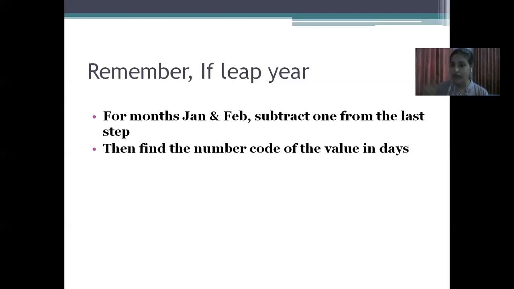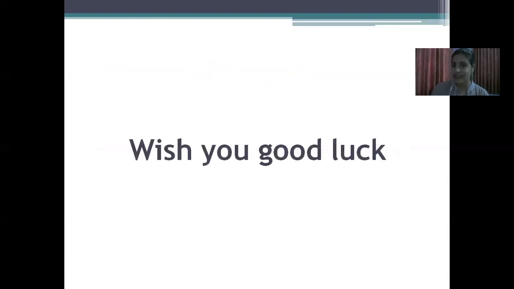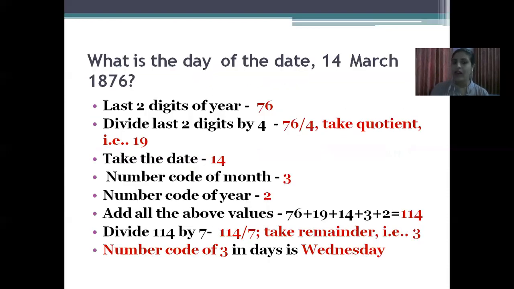Then you have to find out whether the month asked is Jan or Feb. If it is a leap year and the month asked is Jan or Feb, you have to do one extra step as the last step. Say you already got the remainder as 3, and you identify the month as February in a leap year.